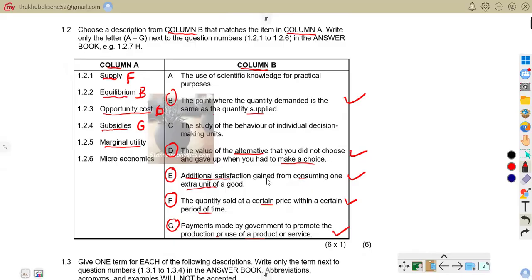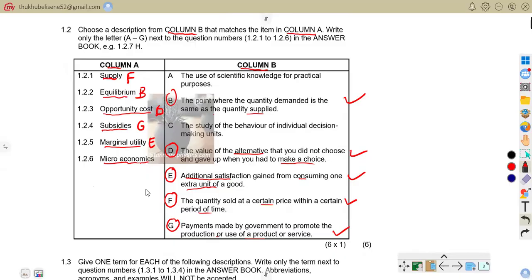For example, the first slice of pizza gives you a lot of satisfaction, but the fourth slice gives less extra satisfaction. That extra satisfaction is marginal utility. So E matches marginal utility. Let us be on the last one, microeconomics 1.26.